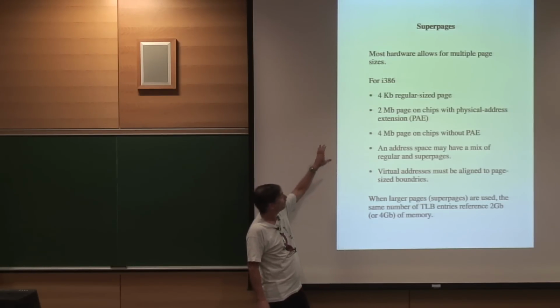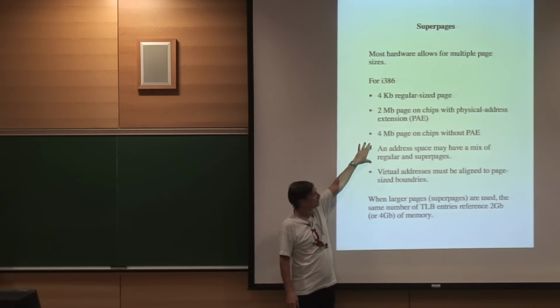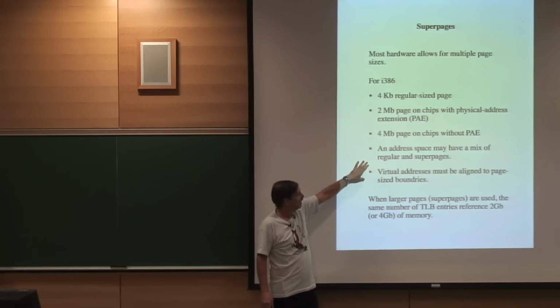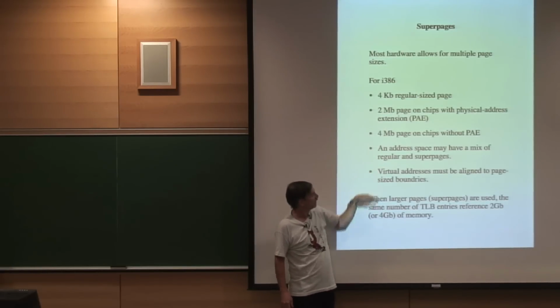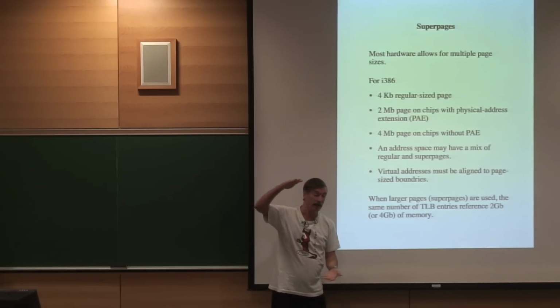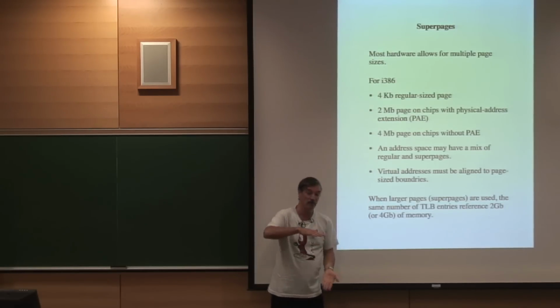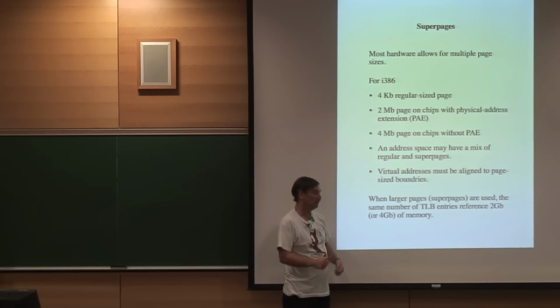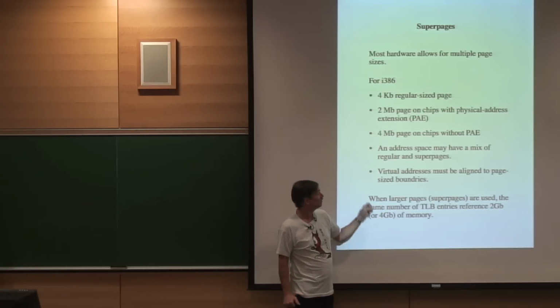Okay, so the address space can have a mix of regular and superpages. The addresses have to be aligned to page size boundaries. So if you've got 2 megabyte pages, then you've got 2 megabyte boundaries between pages, just as you do with regular size pages.